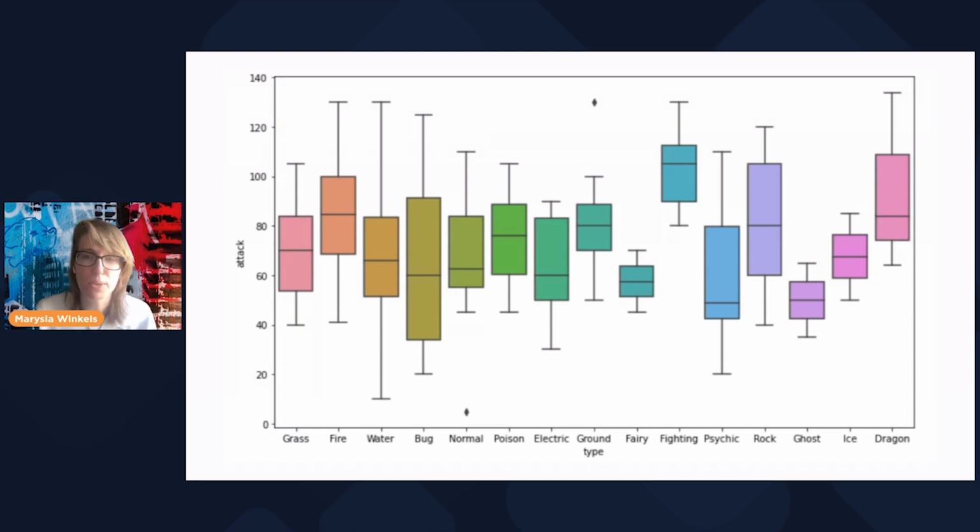Or, for instance, a box plot, like look at these box plots over here. This chart tells us a lot in terms of attack score for each type of Pokemon. We don't just know the average, we also get a feeling for the consistency within the group. But as you can see, there's a lot going on here. And again, when you're exploring, you have the luxury of time to analyze this chart.